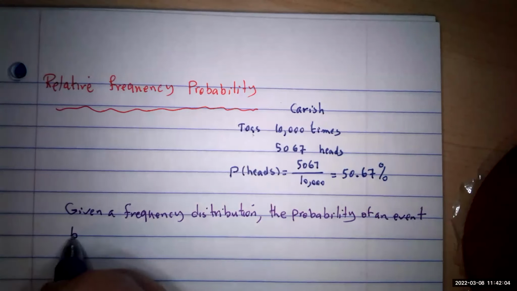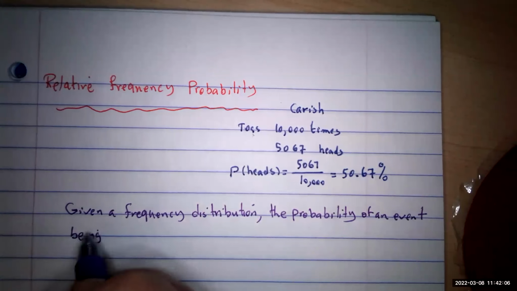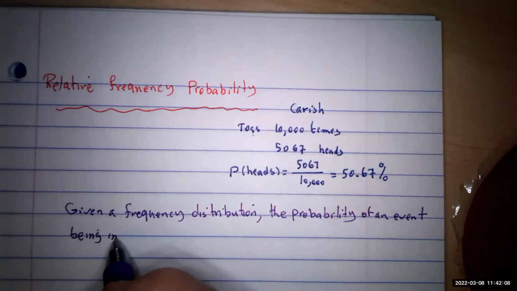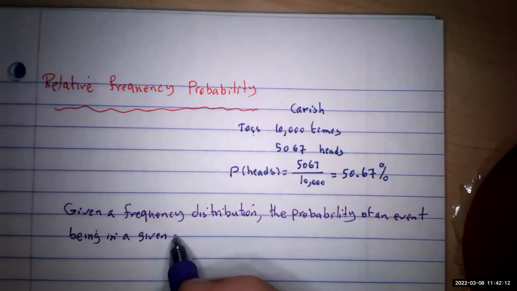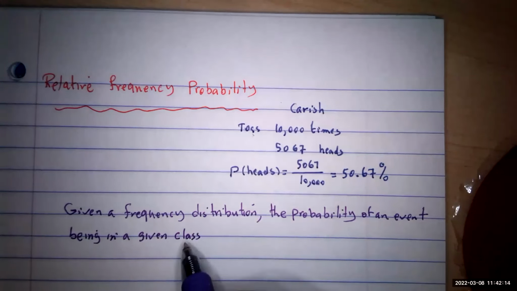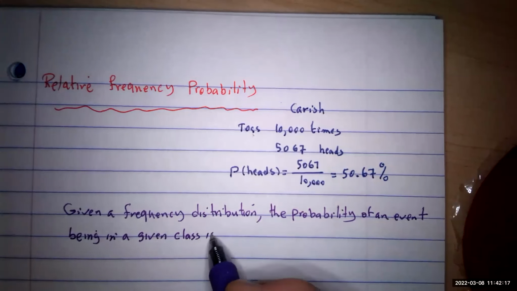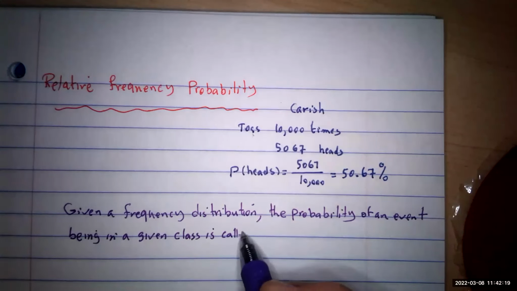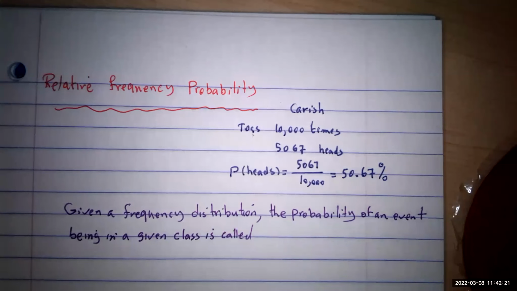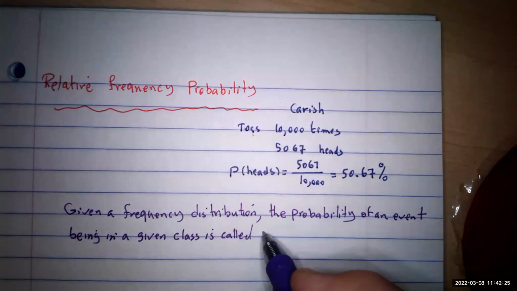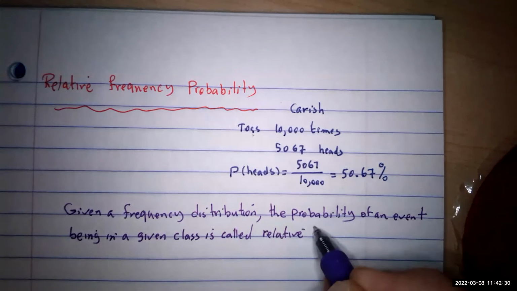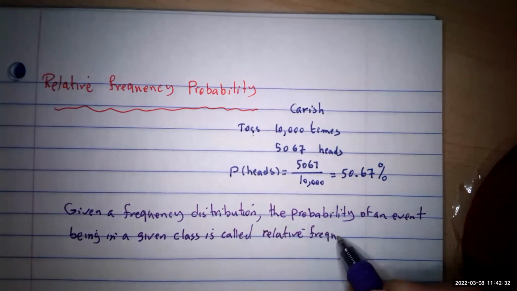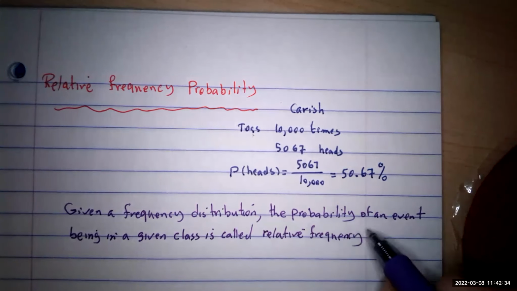So the probability of an event being in a given class is going to be called the relative frequency probability.